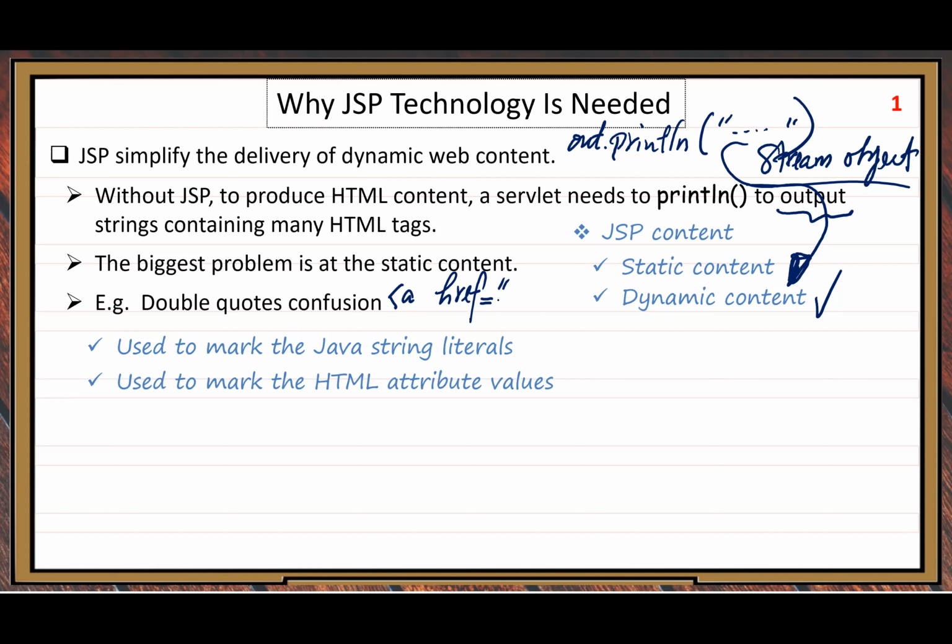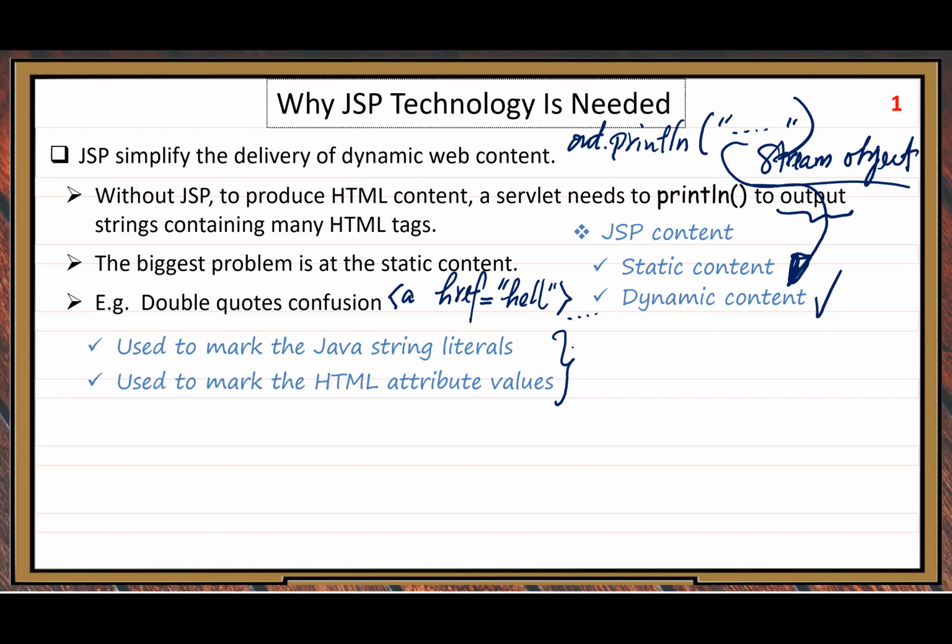What is the attribute value? In our hello world example, we use double quotes to mark the attribute value. In these two cases, double quotes are used for two different meanings.